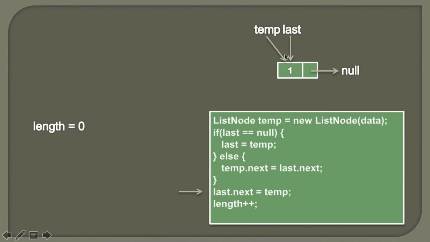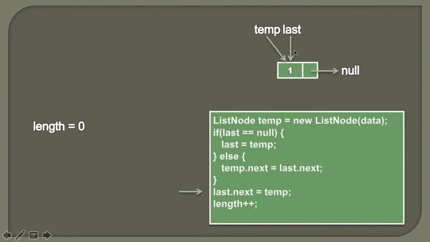And as we are inserting a node at the beginning, we know that the last next should point to this particular node. And here if you see, when we are inserting a node into an empty circular singly linked list, we know that after an insertion, there is only one node, which is the first and the last node both. And we want to make the last dot next point to the first node.